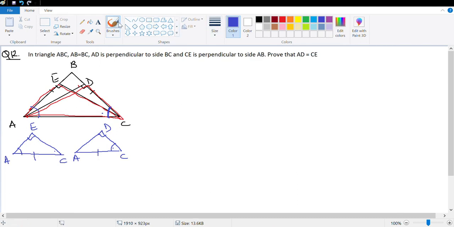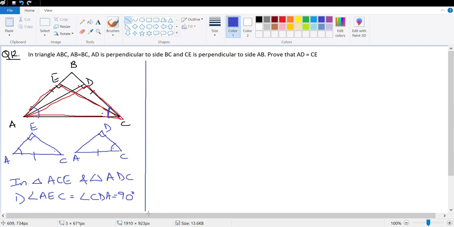Perfect. So let's start writing the answers. Number 1. In triangle ACE and triangle ADC, angle AEC is equal to angle CDA is equal to 90 degrees. Like I say, whatever information is given to you, write down that information and you would end up with an answer. Next, AC is equal to AC, this is common arm.